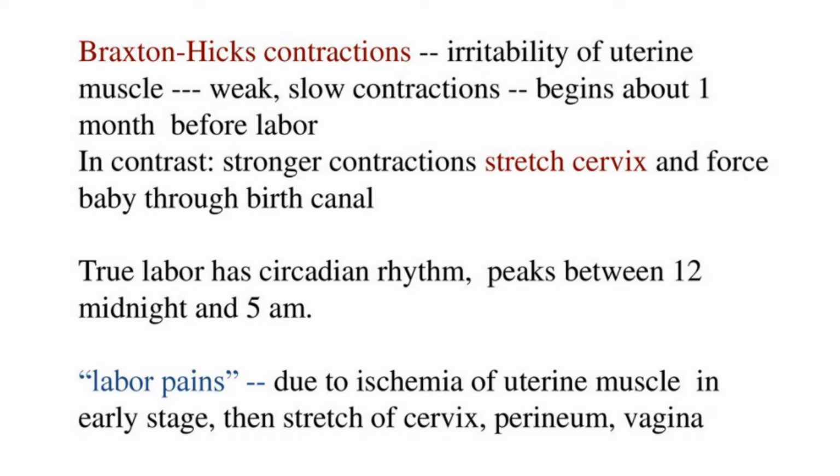These are the same as Braxton Hicks contractions, but of higher degree. True labor has a circadian rhythm. It usually peaks between 12 midnight and 5 am, and so maximum babies are delivered in the night time. Labor pains are due to ischemia of uterine muscle in the early stage, then stretch of the cervix, perineum and vagina.